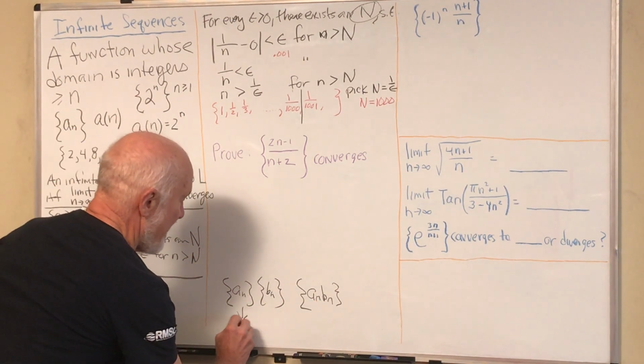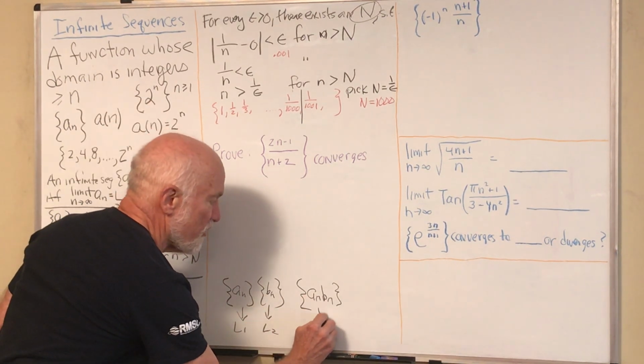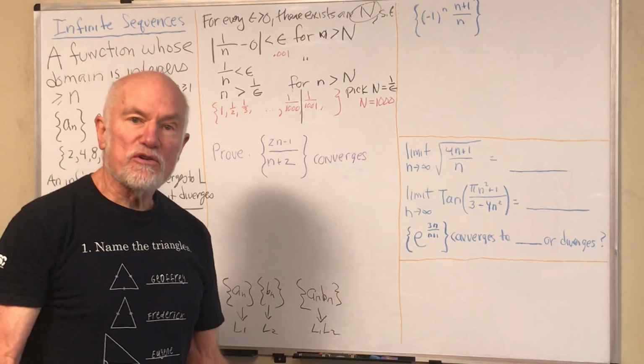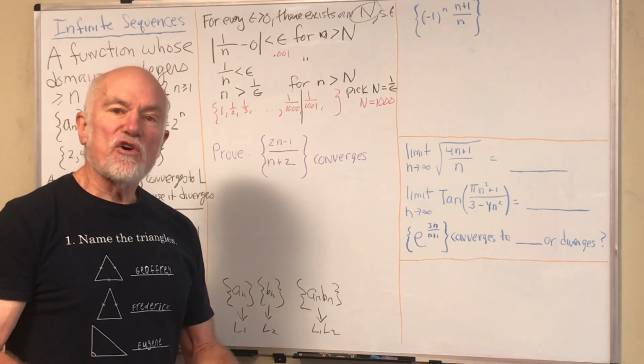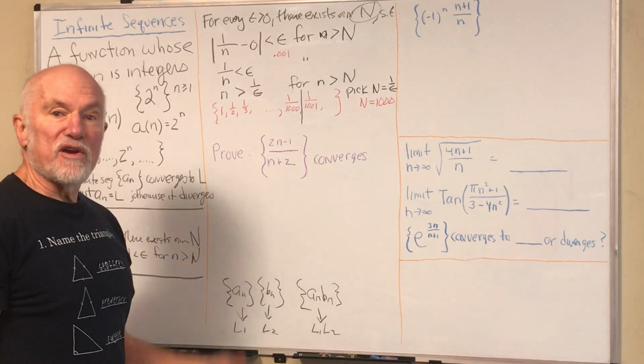Say this converges to L1 and this converges to L2. We know that that's going to converge to L1 times L2. We don't need a special product rule. So limits are going to be our friends in sequences as well as they were in functions.